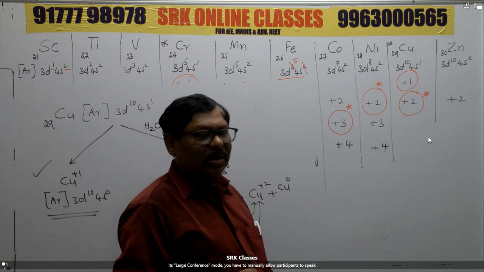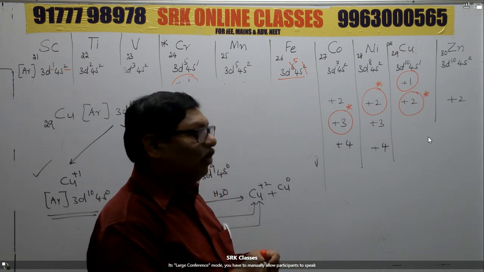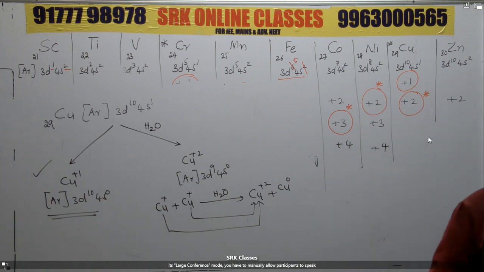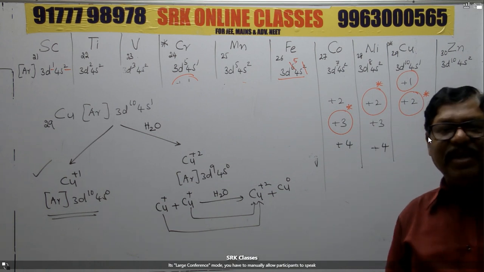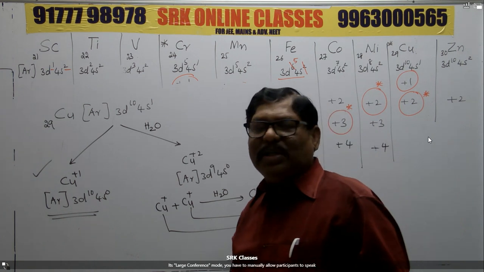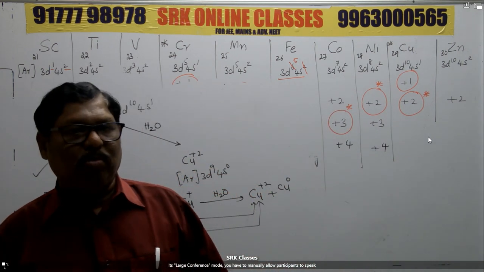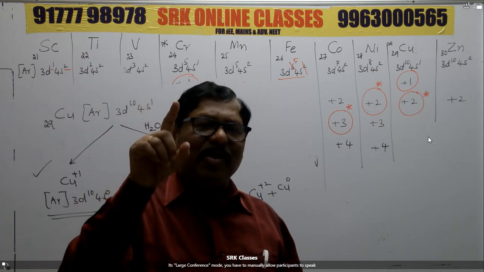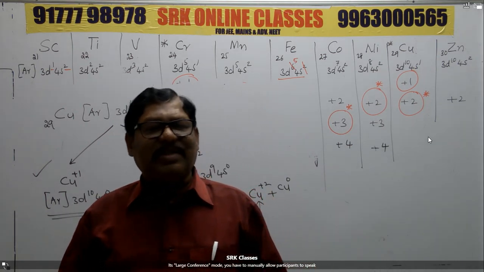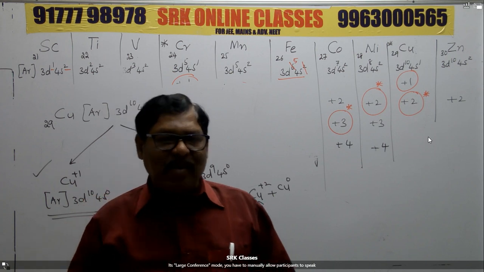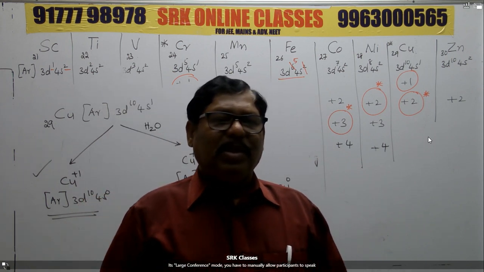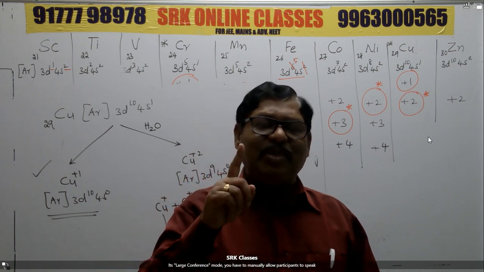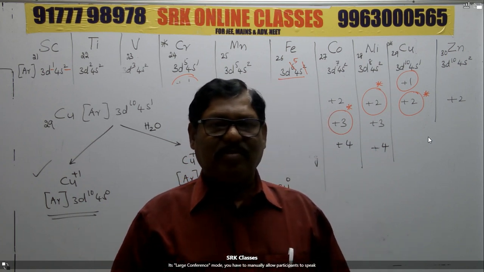So that is about d block elements, variable oxidation state. I'll just summarize the important points. In 3d series elements, the stable or common oxidation state is plus 2, except scandium. Only 3d series element which cannot show variable oxidation state is zinc. Maximum oxidation state in 3d series element is plus 7, which is observed for manganese.